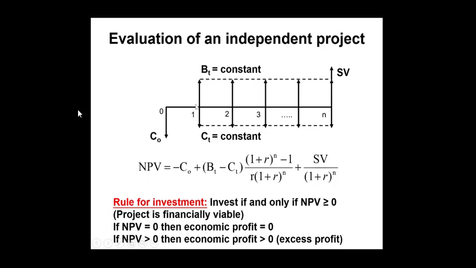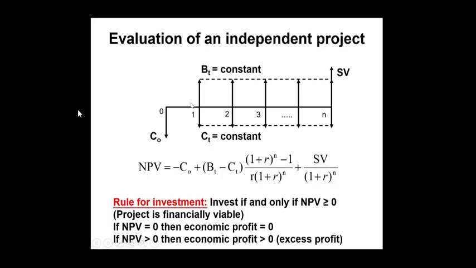From year 1 to year n, we have revenue as an equal payment series, denoted Bt, equal constant. And at the end of the service life, we have the salvage value. That means we sell the assets of the project at the end of the service life and receive some money. That is the salvage value.